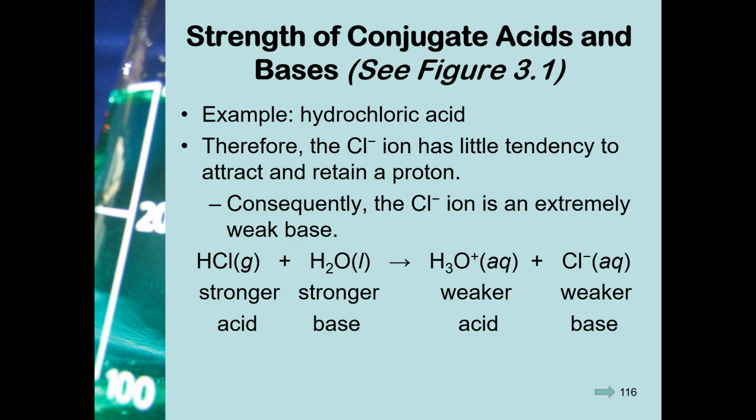So we have a stronger acid, HCl, giving up its proton and forming a weaker base, chloride negative, over on the right. And then we have water, which readily accepts that proton, which is a base, and it will form its conjugate acid, which is H3O plus.